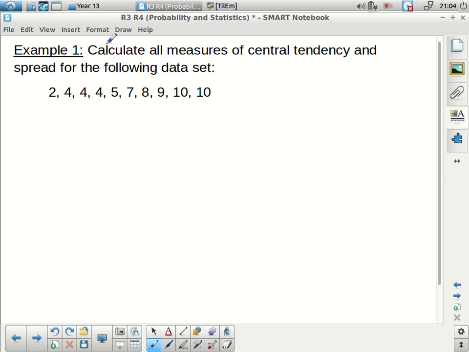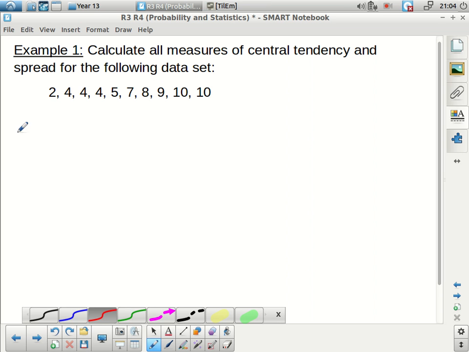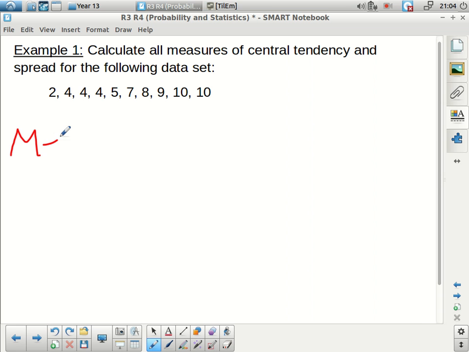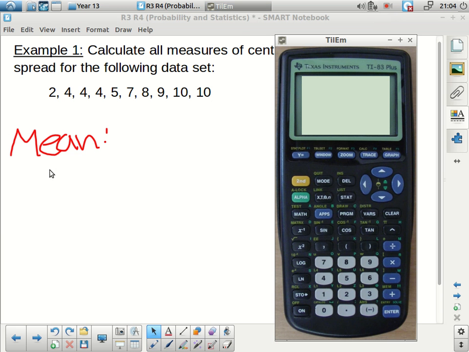So, for example 1, we're going to calculate central tendency for the following set of data. We'll start with the mean, and that's very big, but we'll make that work. So the mean is your traditional average when you just add them all up and divide by how many.